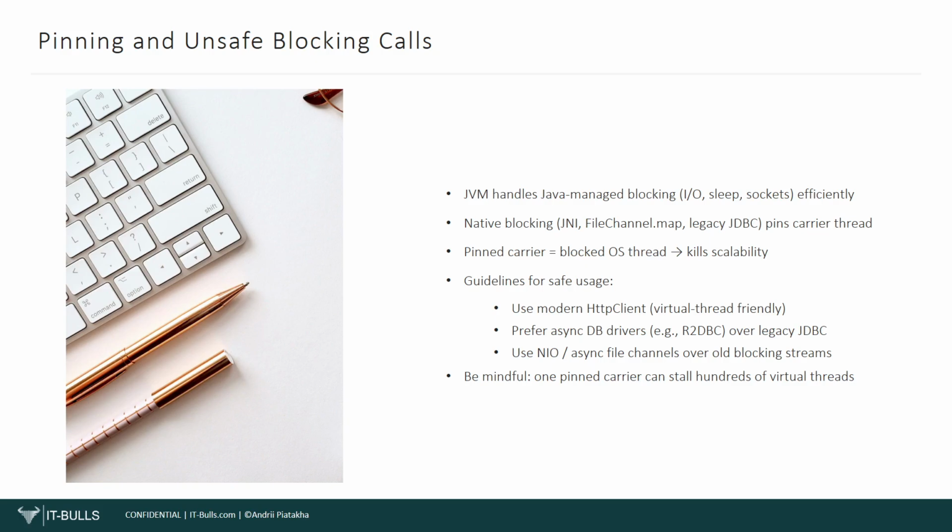Prefer asynchronous database drivers like R2DBC over legacy JDBC when practical. Use classes from NIO for input-output operations, or AsynchronousFileChannel instead of old-school blocking file streams for large-scale input-output operations. The JVM can make blocking code scale, but only if we give it the right kind of blocking to work with.